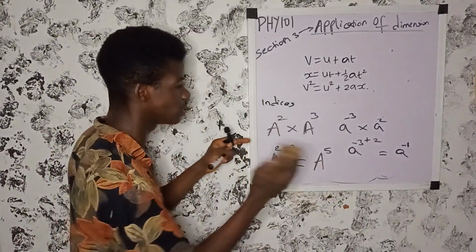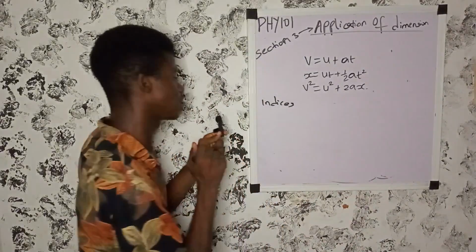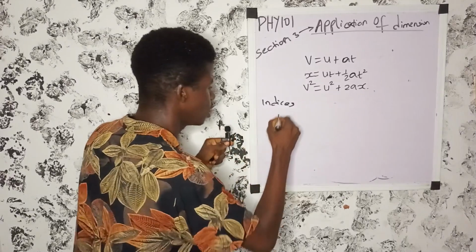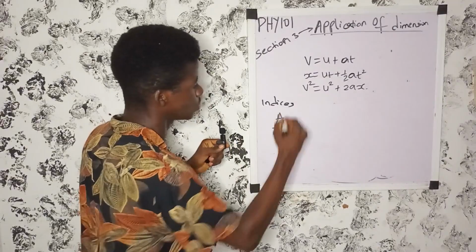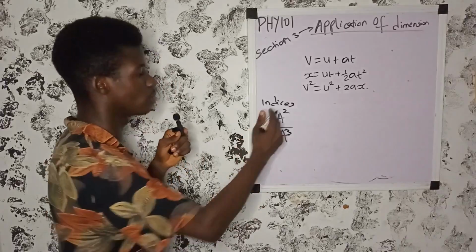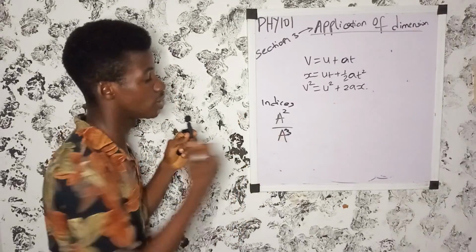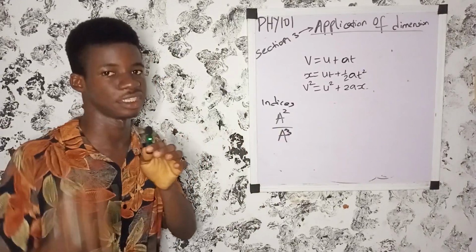Then there is also another law. For example, a squared all over a cubed. Now it's still similar to the previous one.